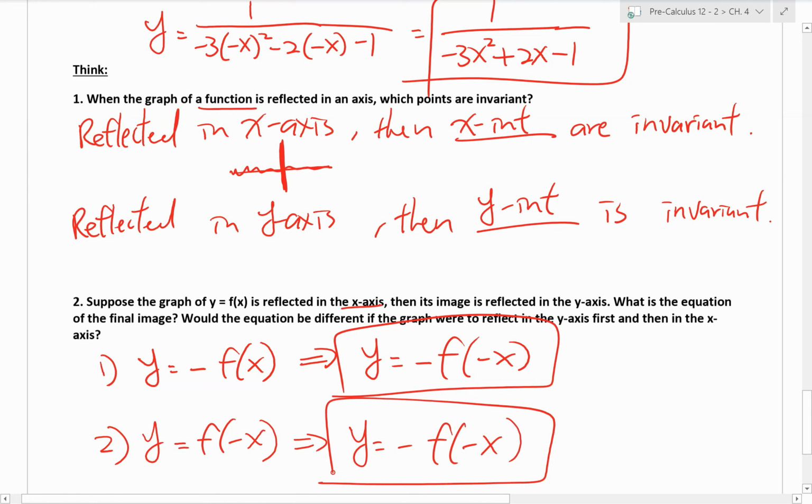You can see they are the same thing. So when we are doing reflection, the order does not matter. It's the same thing with translation. It does not matter if you translate horizontally first or vertically first.